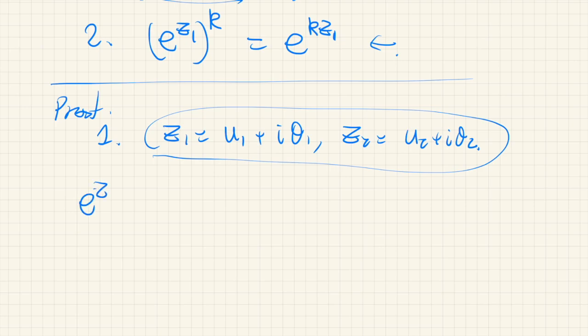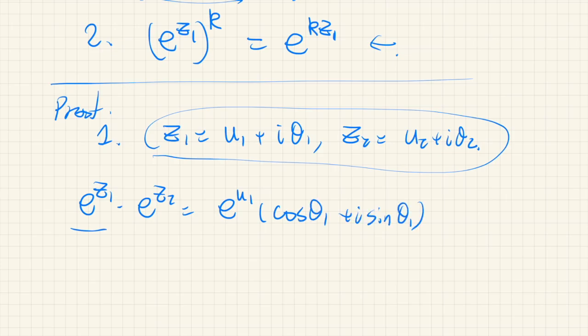Then we have, by definition, this part is e to the power of u1 times cosine theta 1 plus i sine theta 1, times this part, e to the power of u2 times cosine theta 2 plus i sine theta 2.